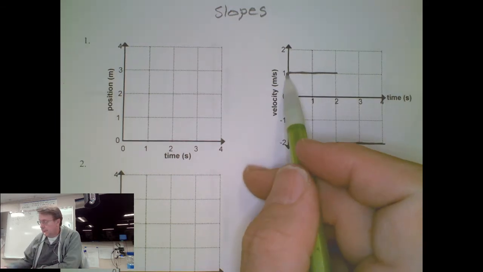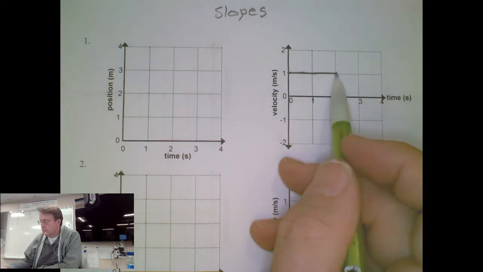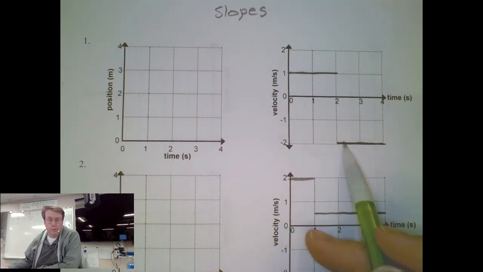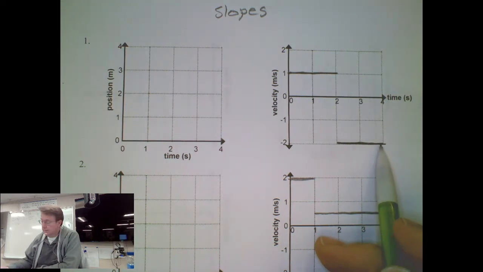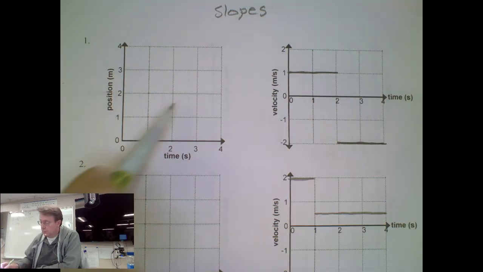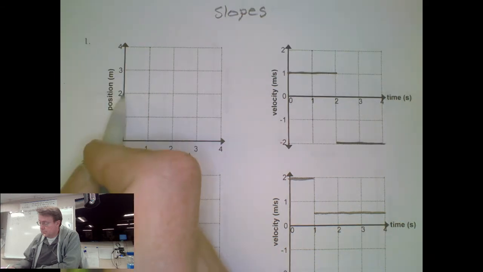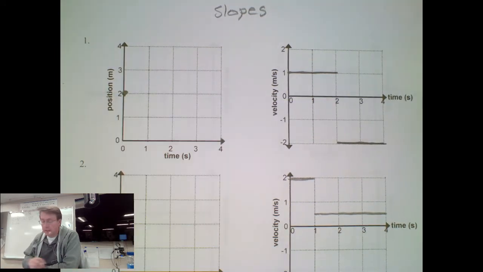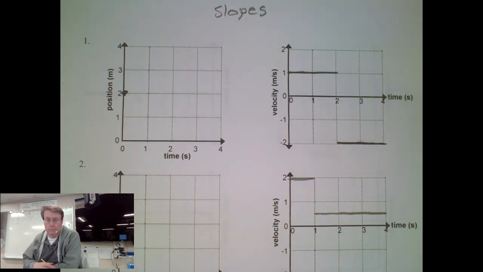I've got a positive value here to start with, but then about halfway through the trip, I go to a negative value in my velocity graph. So I'm going to choose a starting position maybe halfway up here, and then see how I go drawing my slopes for these different time intervals.